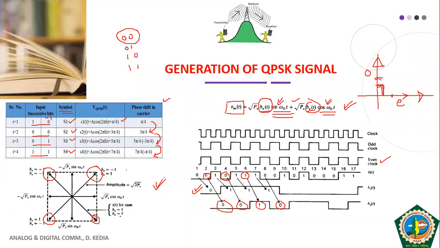Okay, so this is how we represent our constellation diagram for QPSK signal with the help of phasors. If you look carefully at this phasor diagram, it has phasors whose amplitude and angle are decided with the help of this expression.